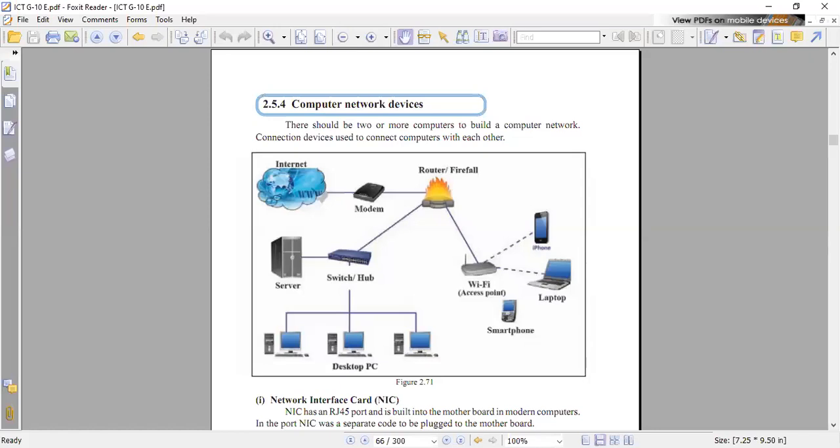Write down: network devices are used to connect computing devices in a network.